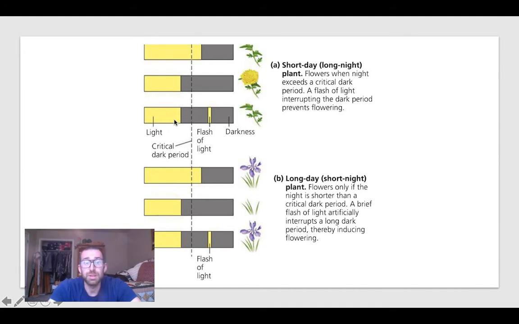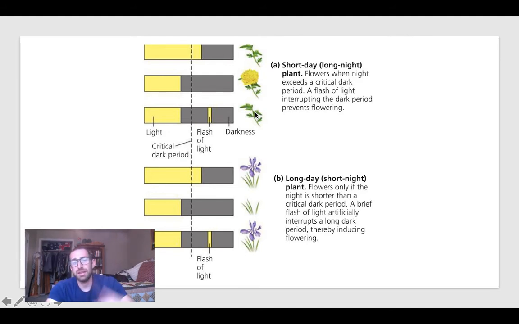So it would be below the critical period in terms of light. But while it's growing in the darkness, if you give it a flash of light at a certain point, it's not going to flower, right? So you see here, this is as the day lengths are decreasing. Here where you're past some critical day length, if you go throughout the night, it will flower. But if you give it that flash of light, it's not going to flower.